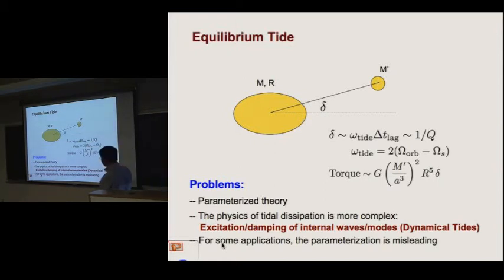In particular, you could have excitation and damping of internal waves or oscillation modes inside the star. This is what we generically call dynamical tides. So this is not just this quadrupole global deformation, but rather you excite waves or oscillation modes inside the star. Much more complicated, much more interesting than this quadrupolar deformation.